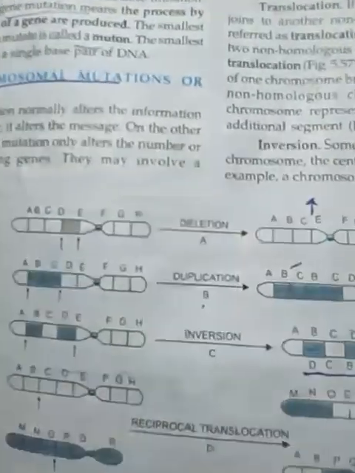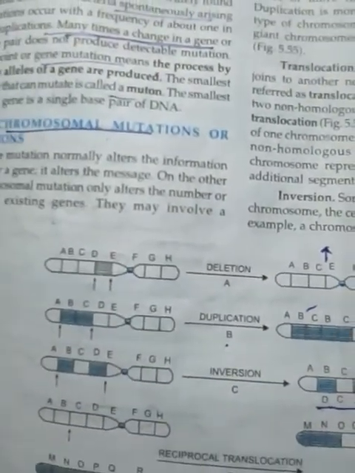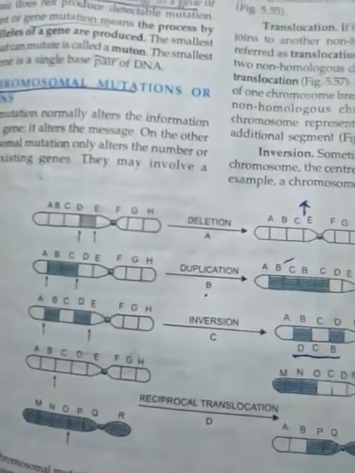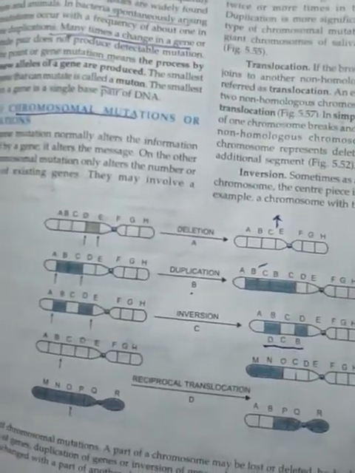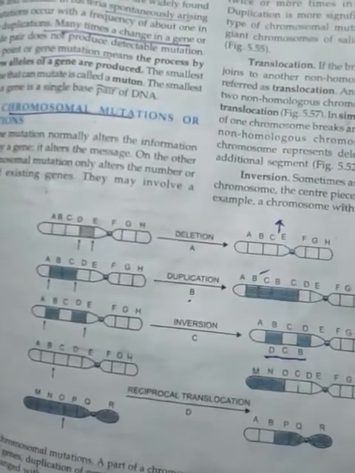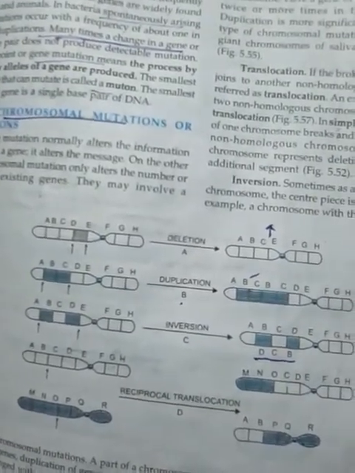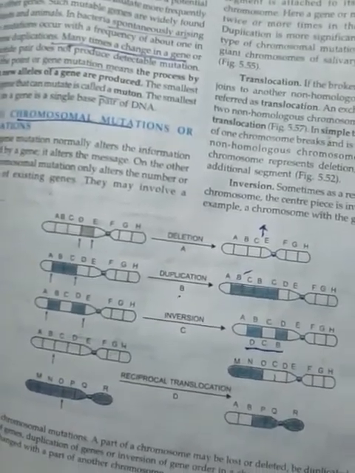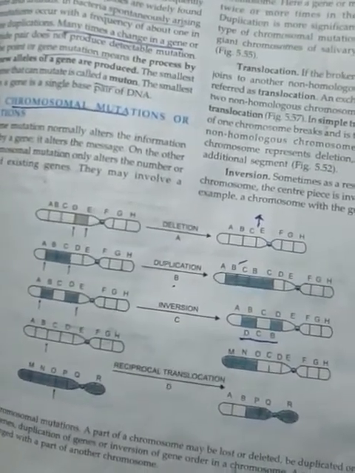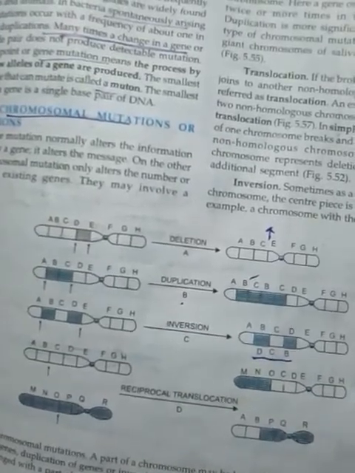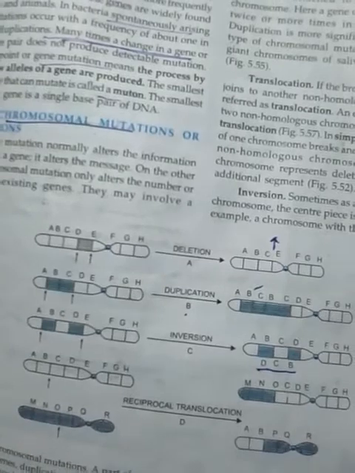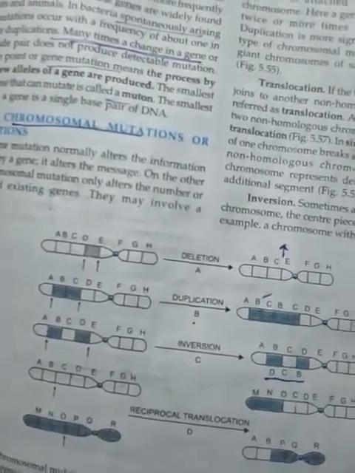Suppose in this diagram of the book, number 1, the reason for chromosome mutation is deletion. On the left hand side the genes are full, and on the right hand side gene C is deleted, and the deletion of the gene causes variations in the chromosome. The second reason is duplication: ABCD, EFGH, and sometimes AB is repeated.